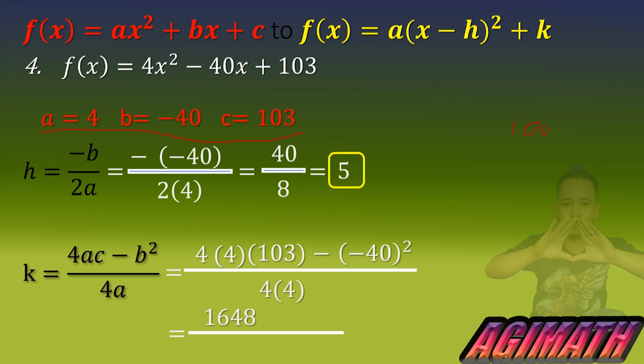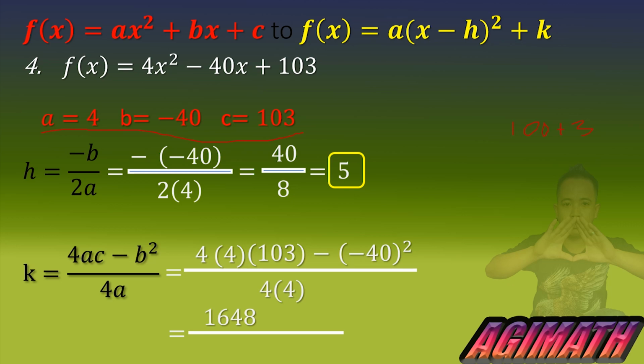This is how you are going to do mental computation. You find ways you can do it simpler. 4 times 4 is 16. So 16 times 100, that is 1600. And 16 times 3 is 48. So 1600 plus 48 is 1648.